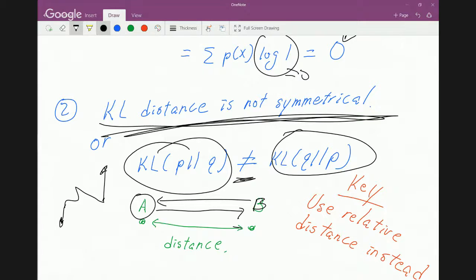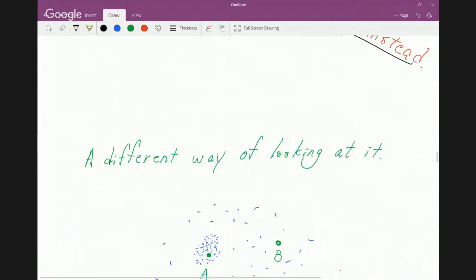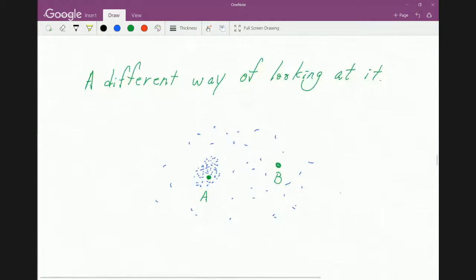So the key is actually to use relative distance to measure the distance from point A to point B. A very good example of this: let's say we have point A and point B. If we want to know the distance from point A to point B, let's look at it from point A's perspective.